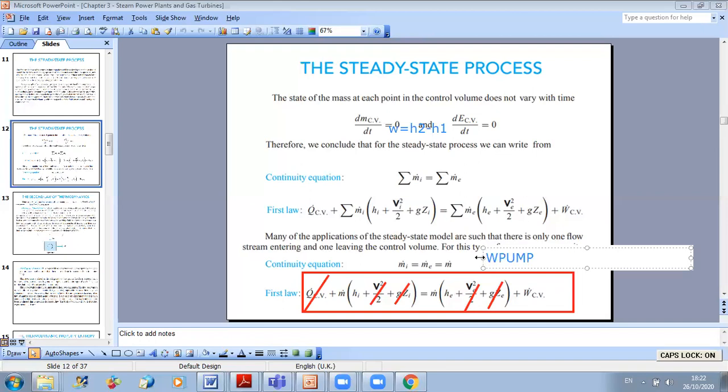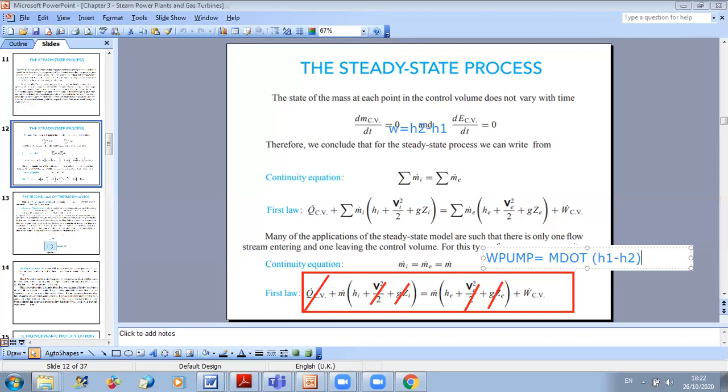is equal to m dot times h1 minus h2. But why do they put h2 minus h1 in their calculations? Because they are taking the absolute value.